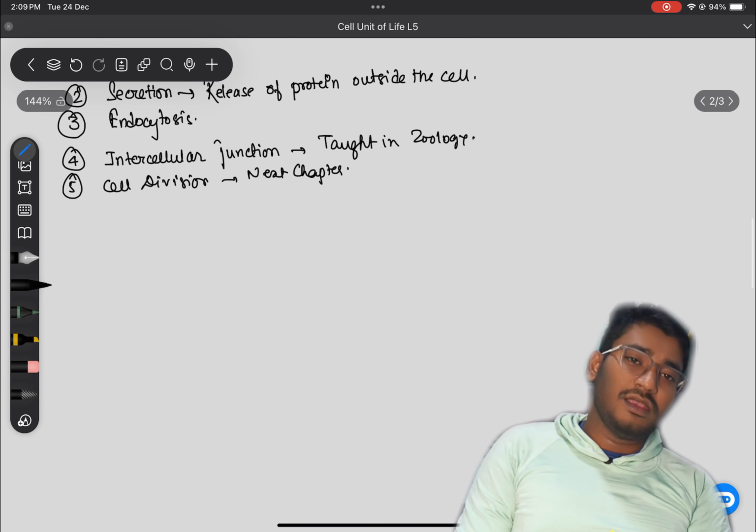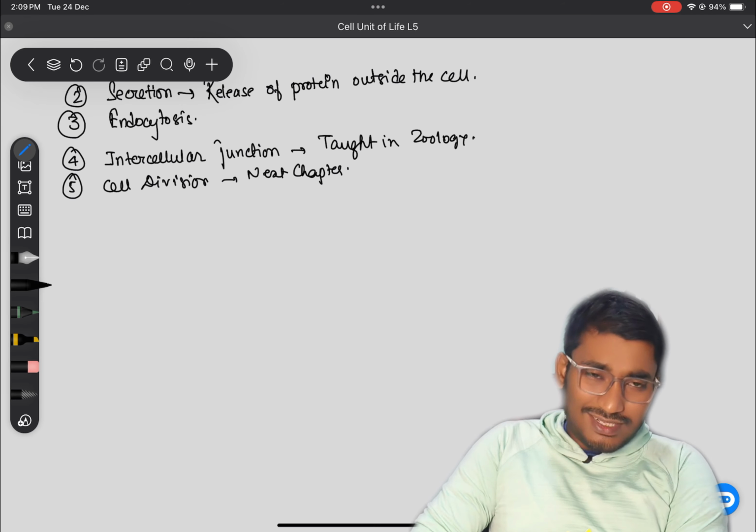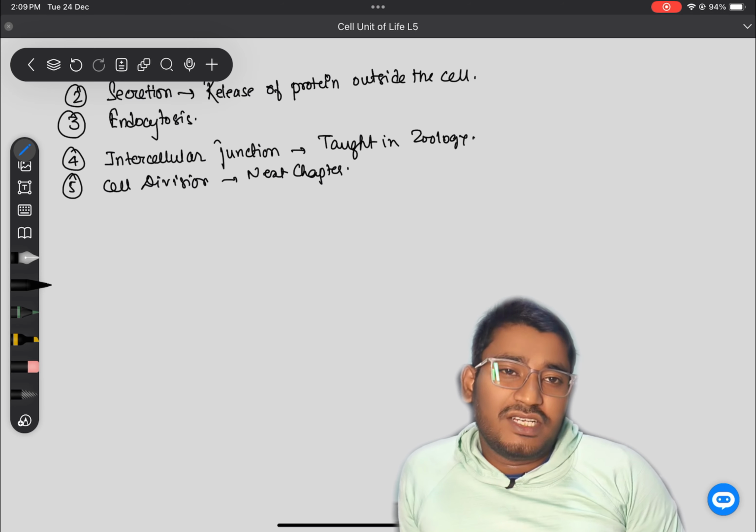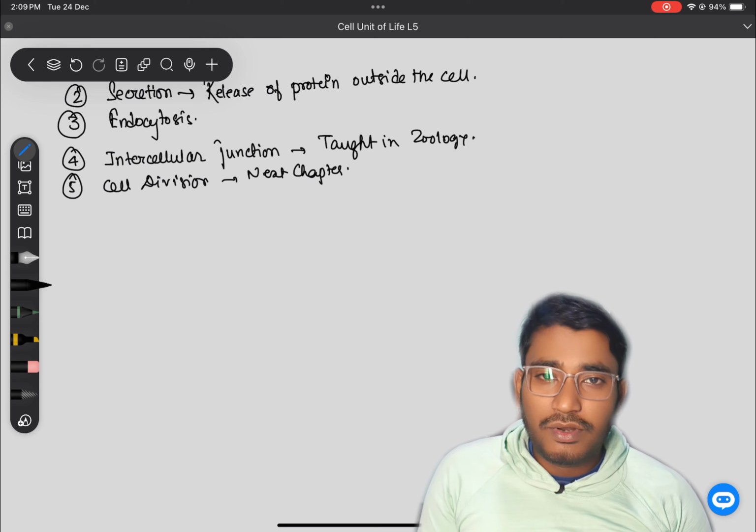Okay. See, now the cell wall. What is the function of the cell wall? The primary function of the cell wall is to give protection to the cell.